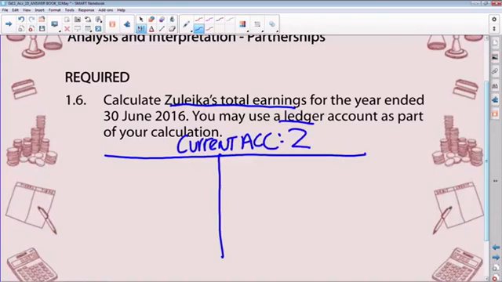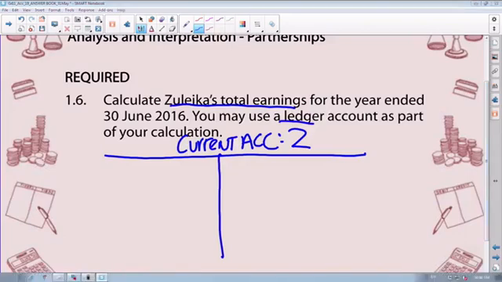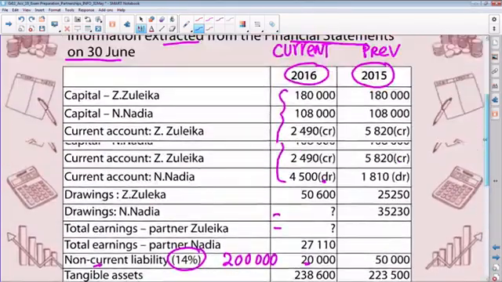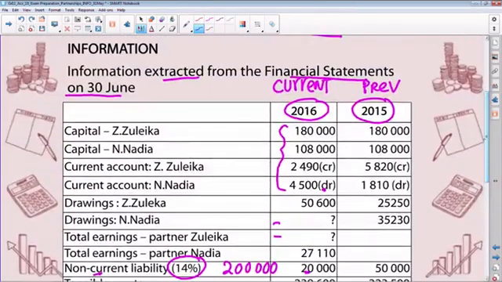Right, let's now look at our information sheet so that we can fill in the figures for this account, and total earnings will then become our balancing figure. We've done this before, so this is now additional practice for you. Okay, so on my information sheet, I need an opening balance at the beginning of the year. So let's find that. So let's just go to our financial statements. And we've got current account for partner Zuleika.